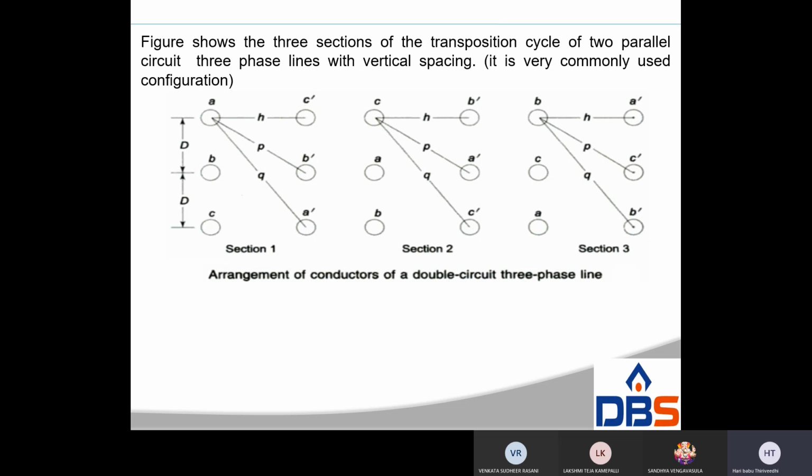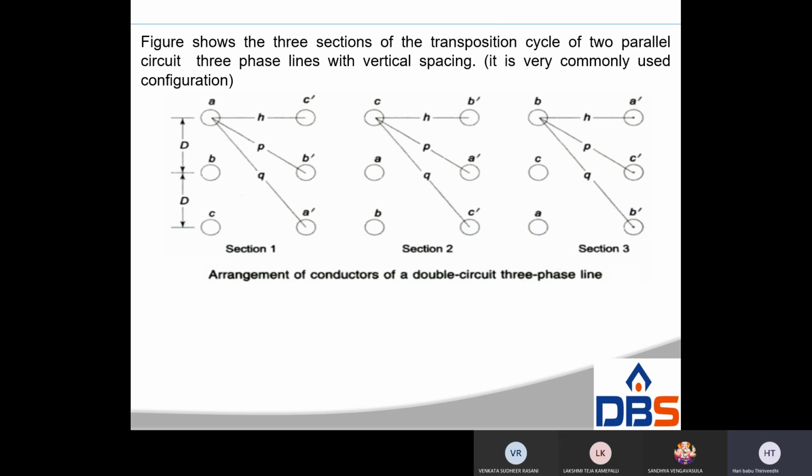Similarly, for C, that is DS3: DCC, DCC dash, DC dash C, DC dash C dash, whole power 1 by 4. Now you have to determine the individual self GMD. Now combine all the GMDs. DS is equal to (DS1 DS2 DS3) whole power 1 by 3. Like that you have to determine the self GMD.